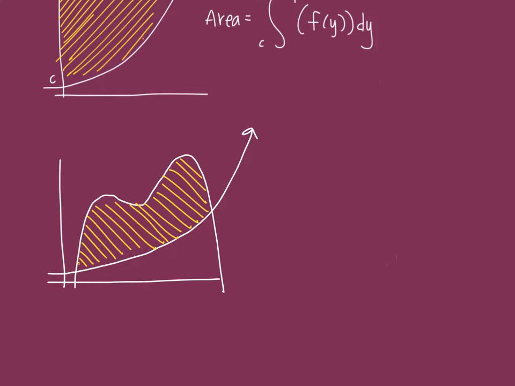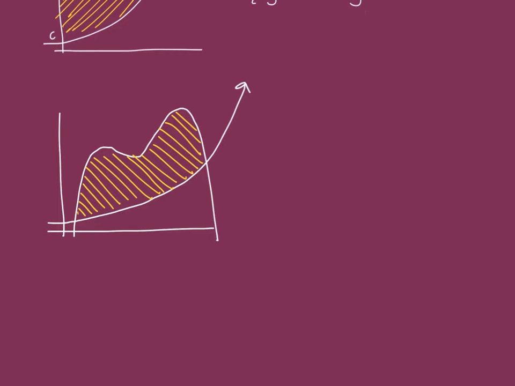So how do we write that? Our boundaries aren't going to be on any particular axis. Our boundaries are going to be at the coordinates of the intersection points. We would need to identify what these intersection points were, here and here.